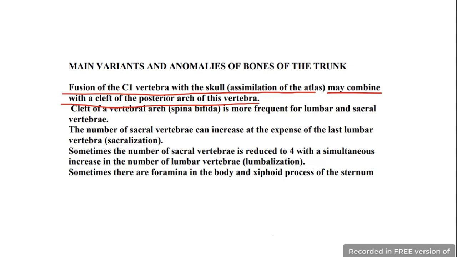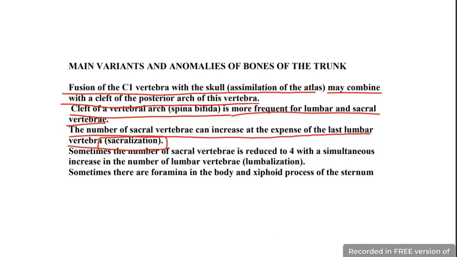The second is the cleft of the vertebral arch, which is spina bifida, more frequent in the lumbar and sacral vertebrae. The number of sacral vertebrae can increase at the expense of the last lumbar vertebra, which is sacralization. Sometimes the number of sacral vertebrae is reduced to 4 with a simultaneous increase in the number of lumbar vertebrae, which is lumbalization.